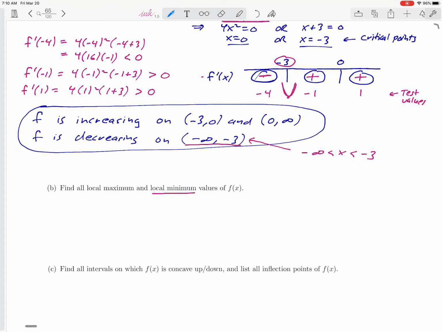So going down to part B here, we have just discovered that our function actually has a local minimum at x equals -3. I'm going to leave a blank here because we're going to try to figure out what that value is in a minute.